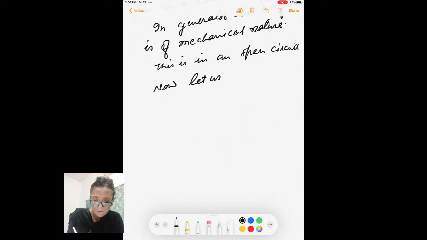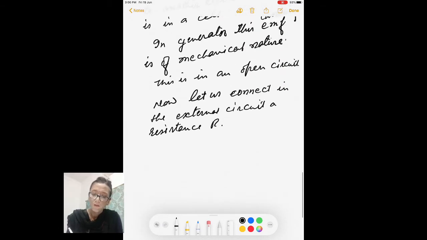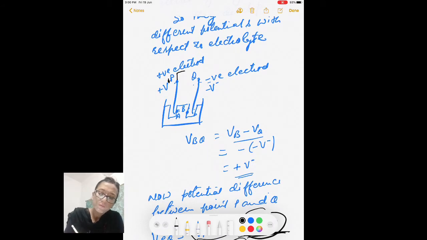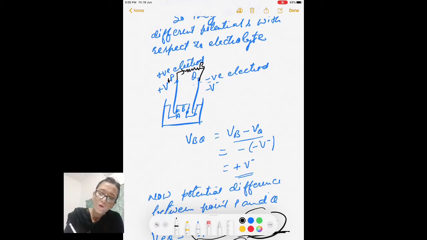Now let us connect in the external circuit a resistance R. In this way, I am connecting a resistor R in the external circuit so that current I starts flowing.